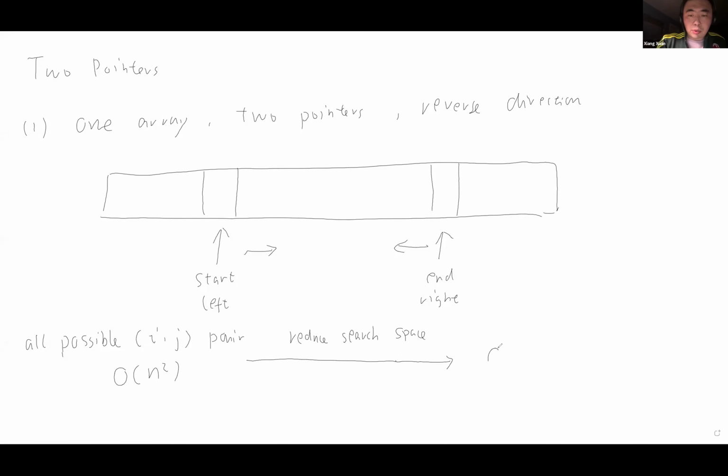Instead of examining O(n square) possible pairs, we only need to examine n pairs, because every time we move a pointer by one, and when the two meet, normally that's where the algorithm ends. This is how we can improve the algorithm. For example, the problems we showed are two sum and container with most water, right?